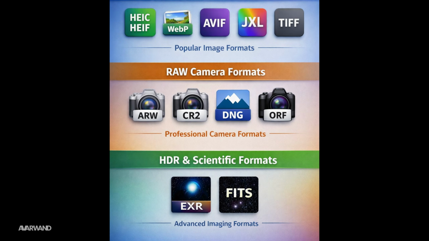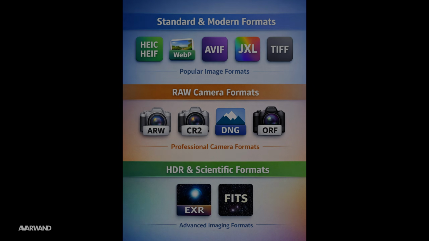So you can convert hundreds of images in any of the mentioned formats to JPEG, PNG, TIFF, WebP, or BMP all at once.